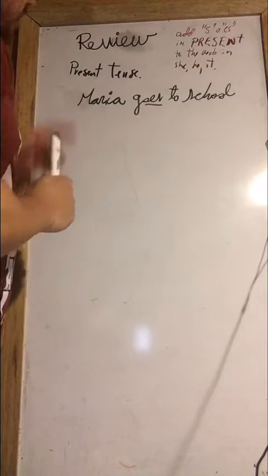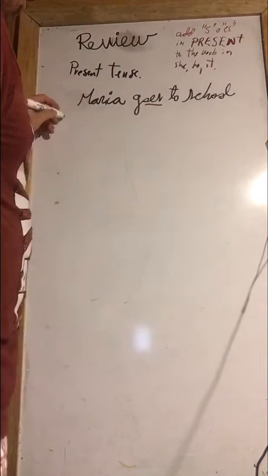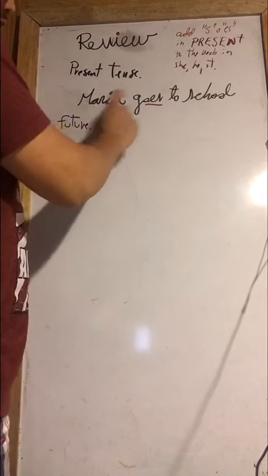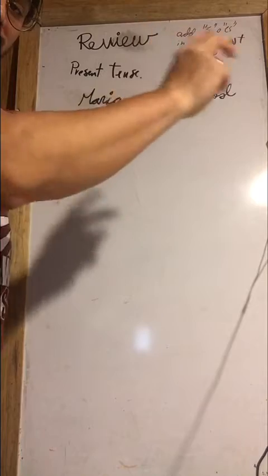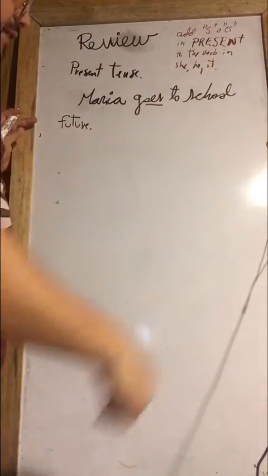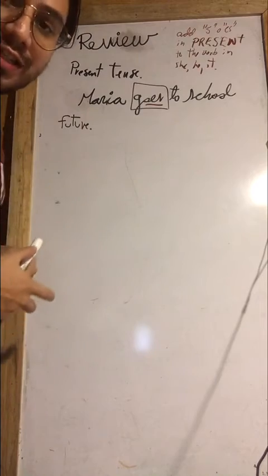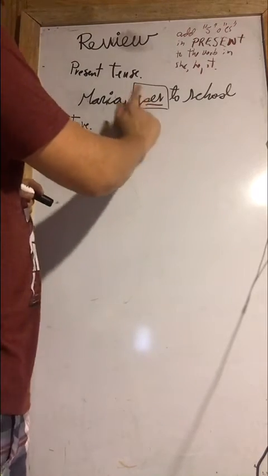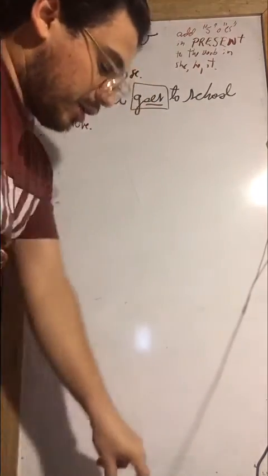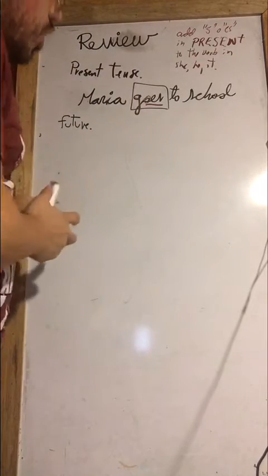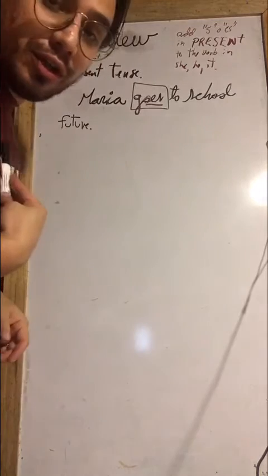So how do I change this present tense sentence into future tense? Instead of saying something that happens now, we are going to say something that happens later. And the verb is going to be the thing that changes everything. So what is the main base of this word? Is the verb go. So go is going to be the thing that I'm going to change.